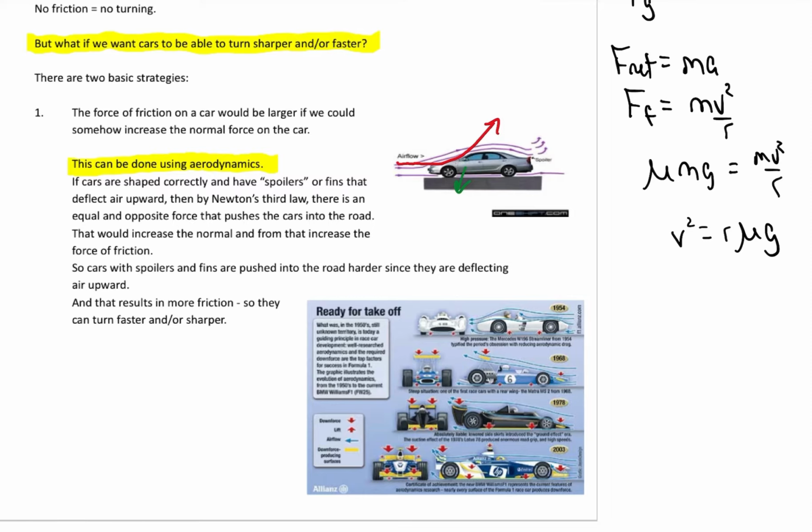Any car with a tail fin at the back, as that air gets deflected up off the tail fin, that creates another downward force. So if we shape the car properly, then by Newton's third law, we can create these extra down forces. These extra down forces have the effect of increasing the normal force. We're not in a boring case anymore. We've added a couple down forces, so the normal force has to be bigger to compensate.